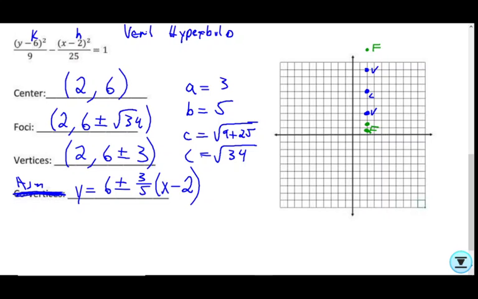Okay. And then again, we're going to use that idea of our co-vertices. So we're going to use b to go out the other direction, perpendicular. 1, 2, 3, 4, 5. 1, 2, 3, 4, 5. And use these points to draw that rectangle to help us graph. So this is going to be our rectangle.